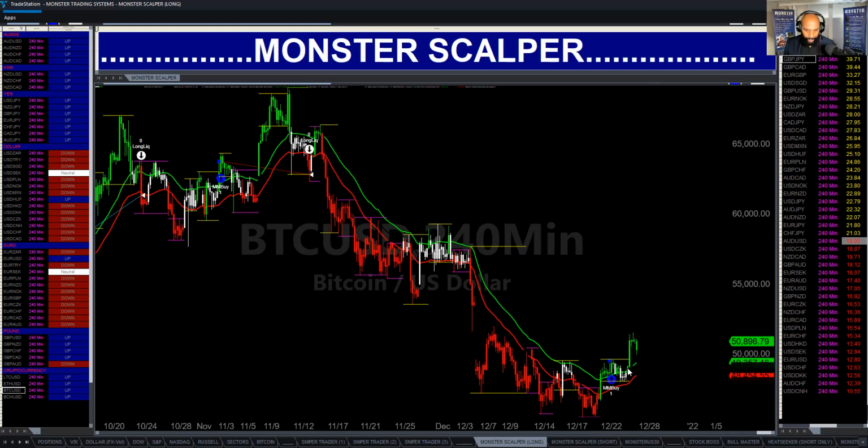Then we got a big candle after this candle closed. Our buy signal was at 48,800, and now it's at almost 51,000. That's great for Bitcoin. It is holding near the highs, the close. We are right at this level here. Let me draw it out.